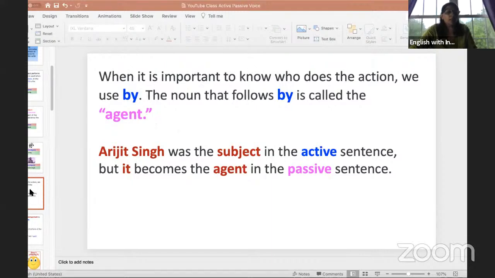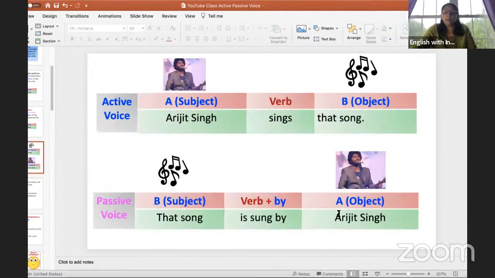Okay, so now this one was the very simple one, right? So here, Arijit was the subject in the active sentence, but it becomes the agent in the passive sentence. So here, it's called the agent because it's followed by what?